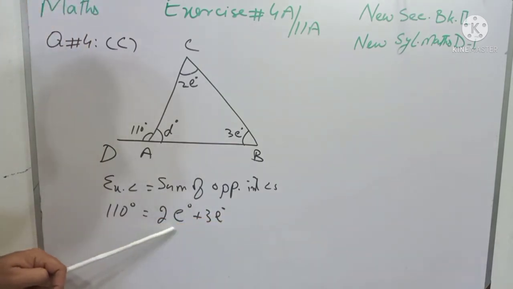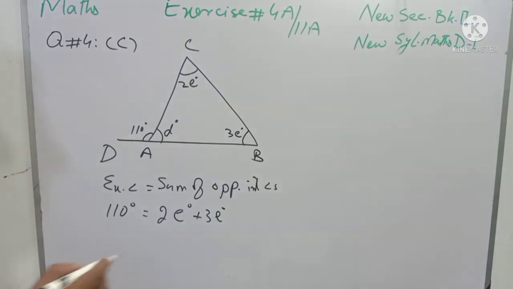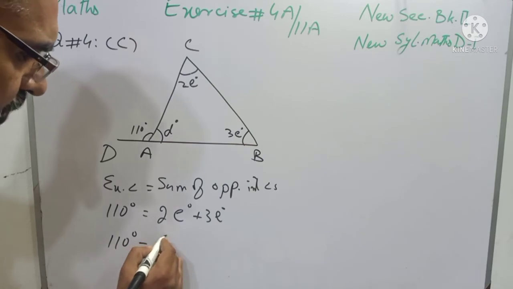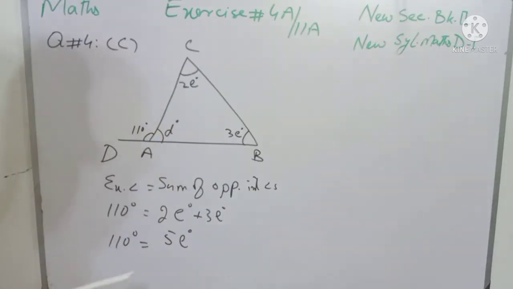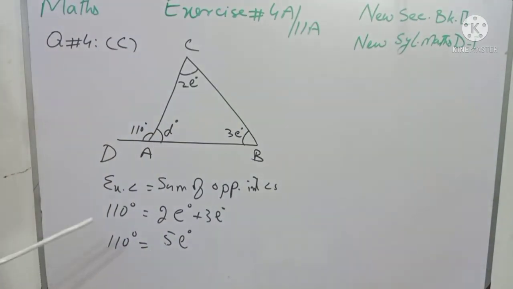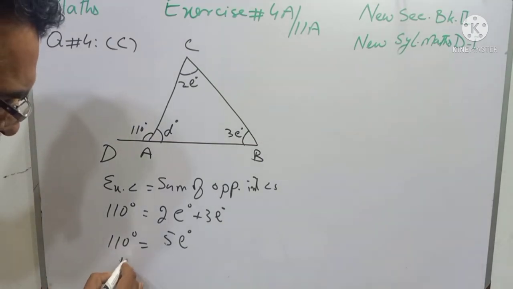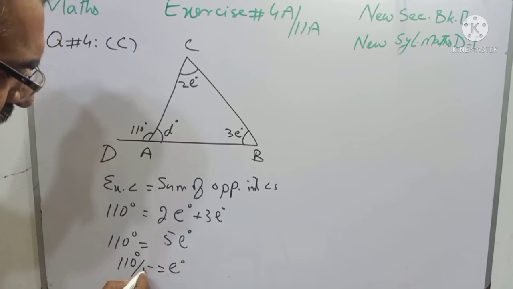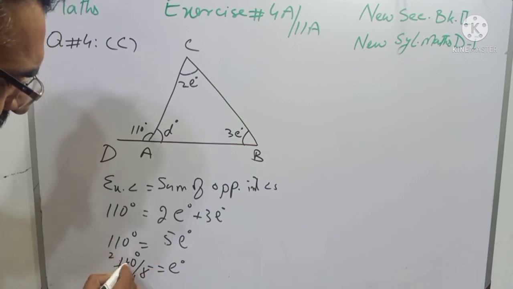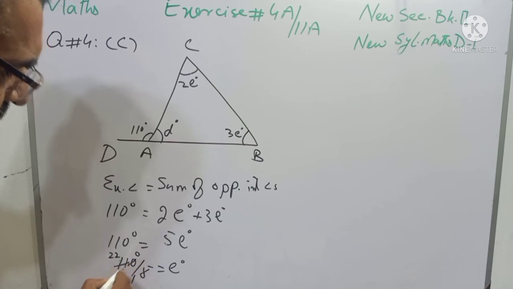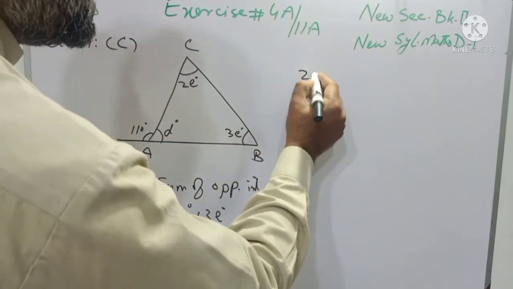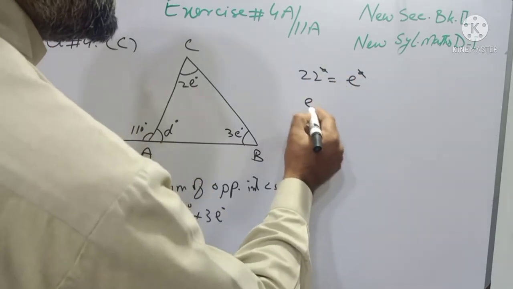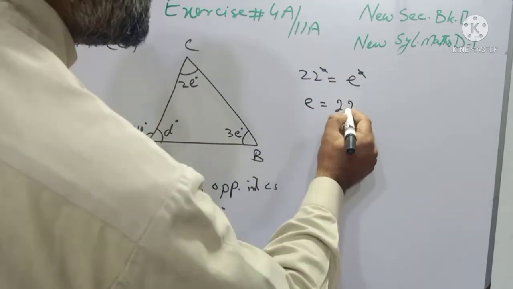These two terms are like terms, so we will simplify both the terms and we will get 110 degree equals 5E degree, and 5 is multiplying. When we transfer it to the other side, it will divide. So 110 degree over 5 is equal to E degree. 5 ones are 5, 5 twos are 10, 1 carry and 5 twos are 10. So 22 degree is equal to E degree. Degree will be cancelled with degree and the value of E is 22.